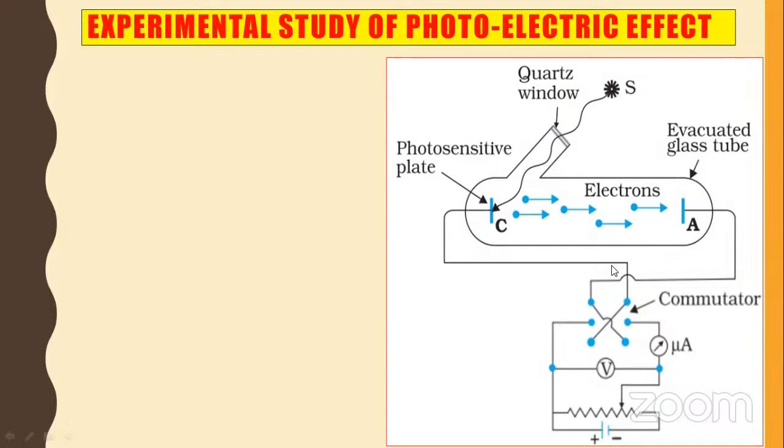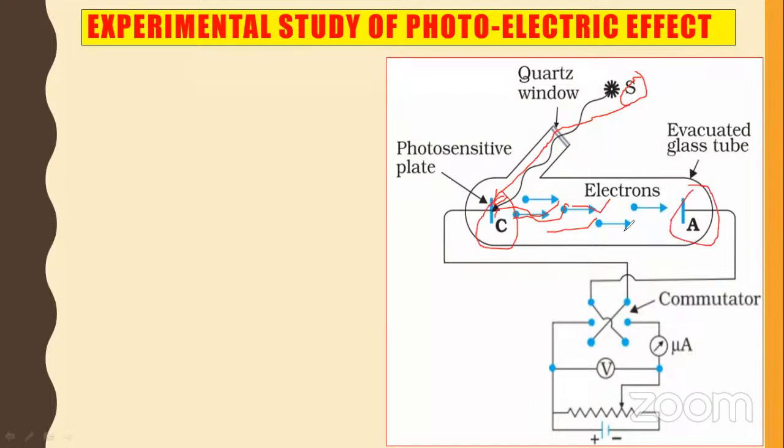Why do you need this circuit? See here, this is a source. The light passes through the quartz window and is incident here on the metal plate. The electrons that are emitted have to accelerate from the cathode to the anode.